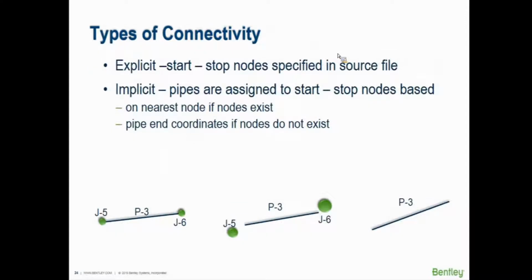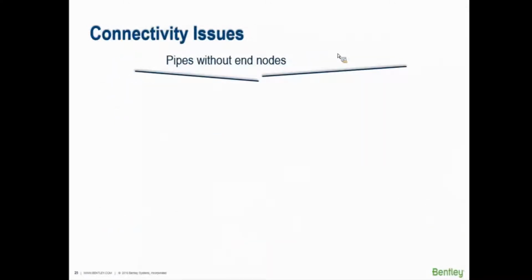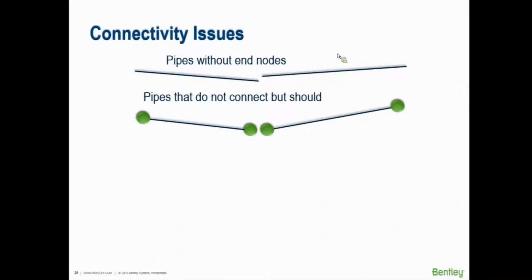When you do run ModelBuilder, you have the ability to clean up some of the data though. Now that's pretty important because there may be lines that weren't snapped to endpoints, or maybe there were no endpoints. So you can rectify some of the errors in the data with ModelBuilder. You can fix some of the connectivity issues. Maybe there are two nodes that should be connected but were not.